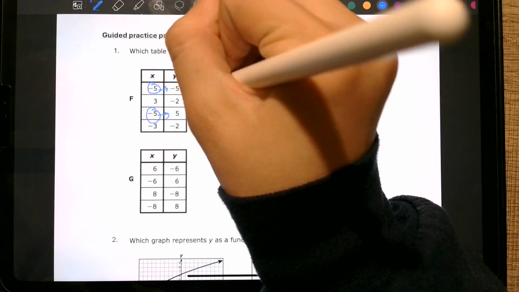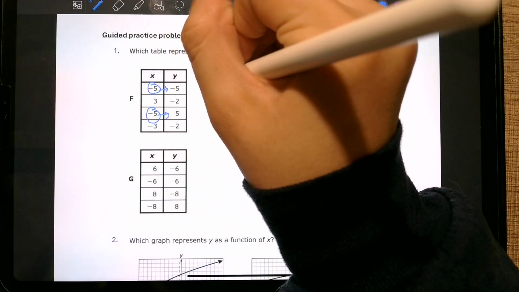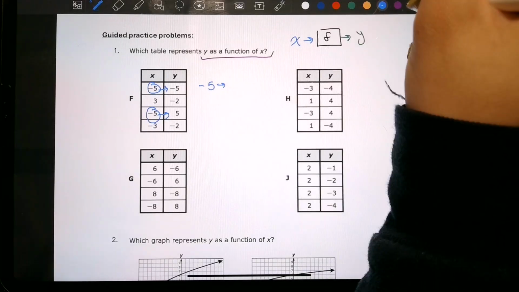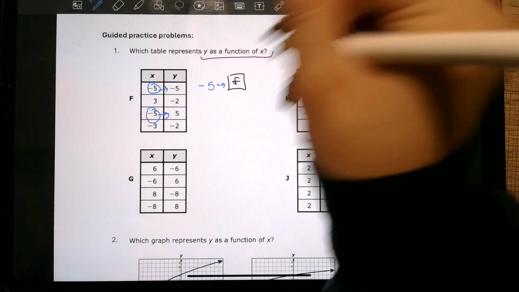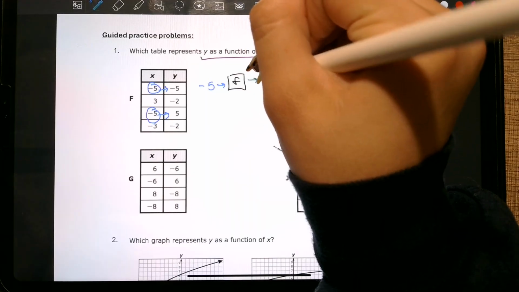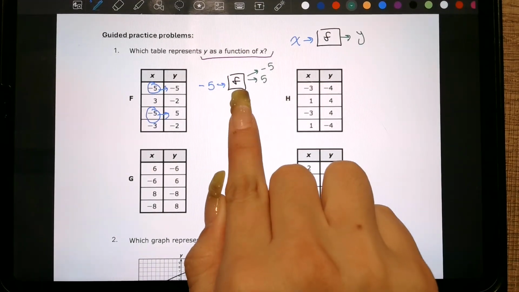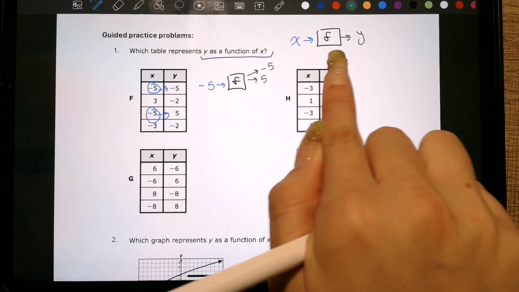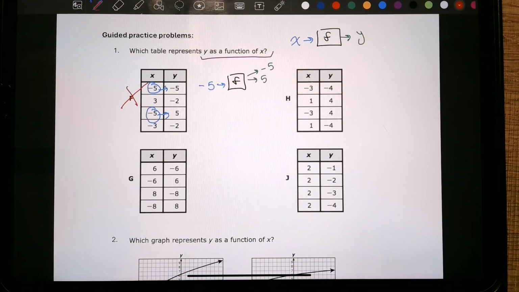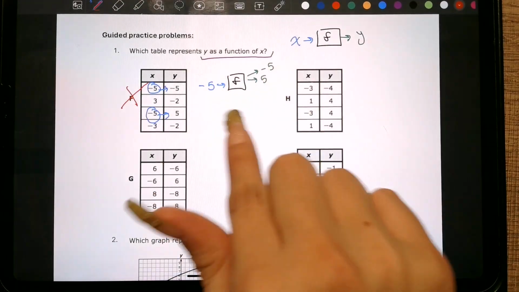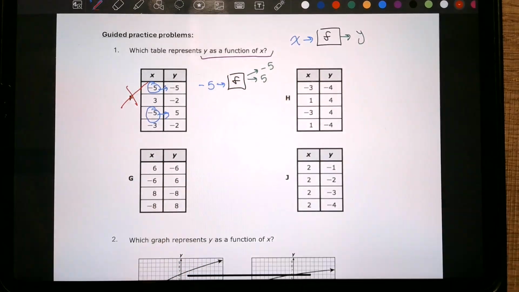So if that was a function machine, when -5 goes into the function, it's outputting 5 and it's outputting -5. And this is not what a function is supposed to look like, right? So this one is not a function. Now, I'm not going to do this moving forward, but this is something that you can do if the visual helps you, okay?